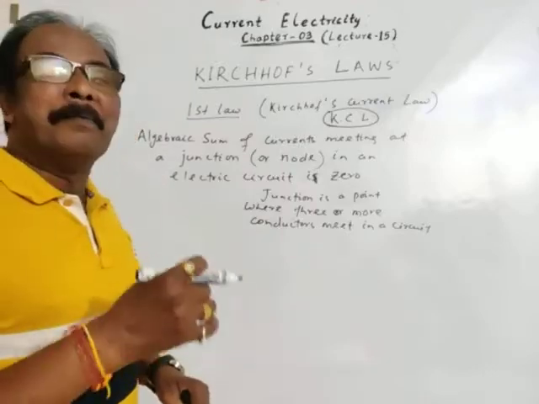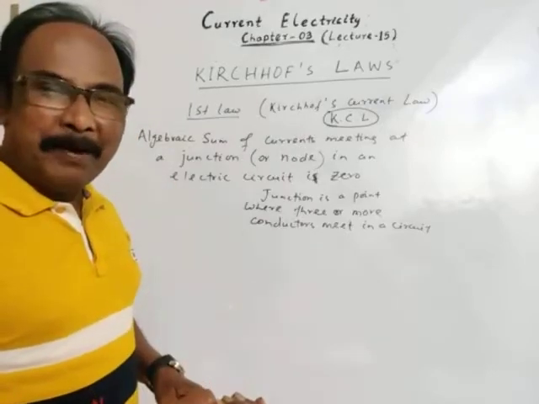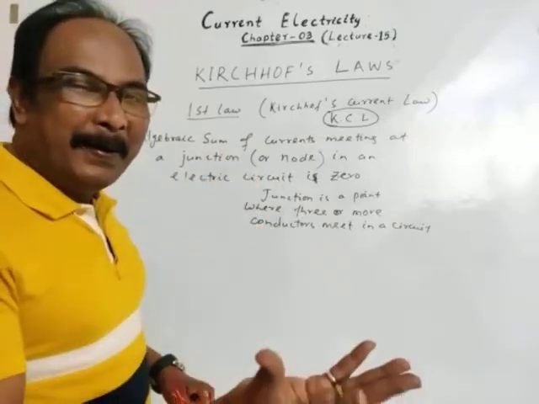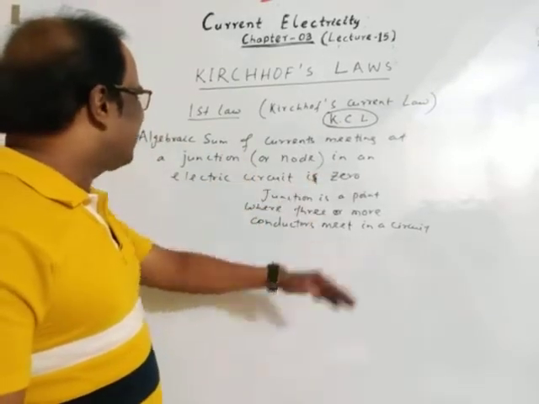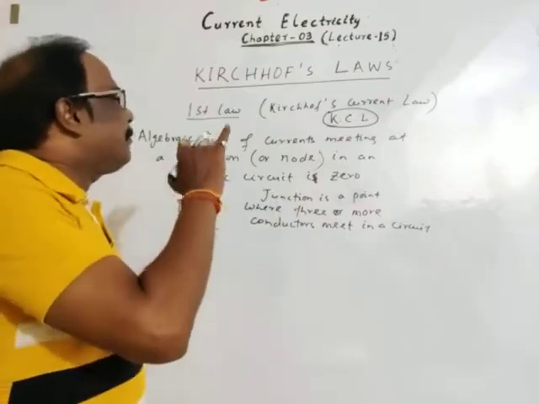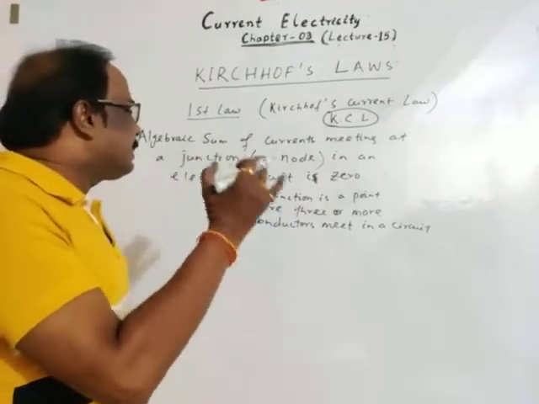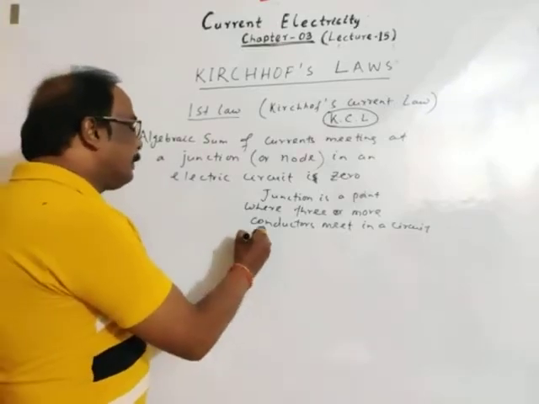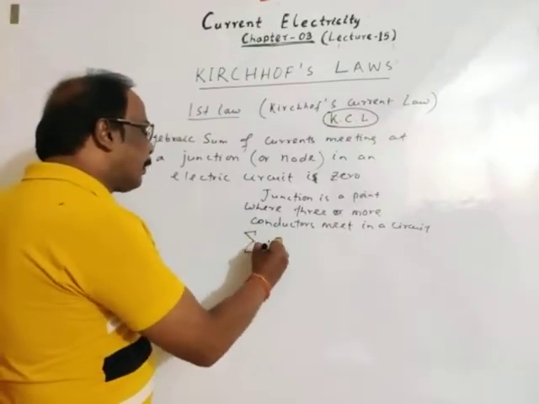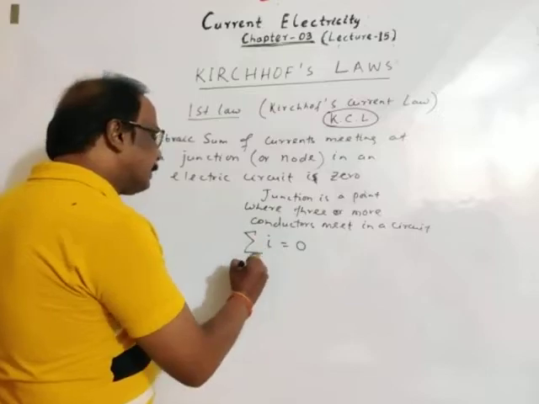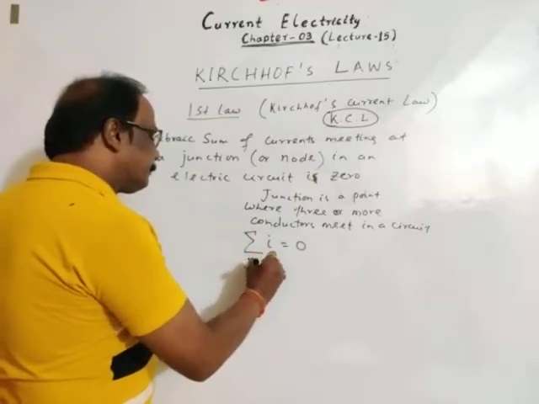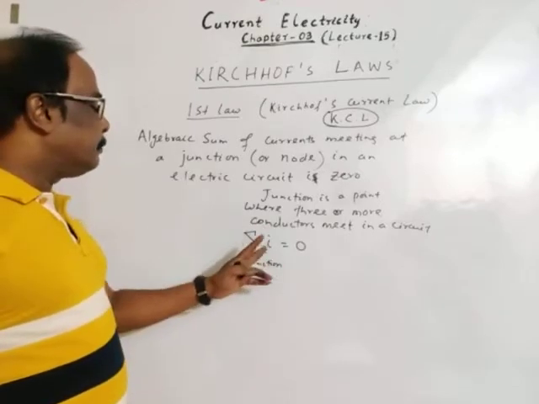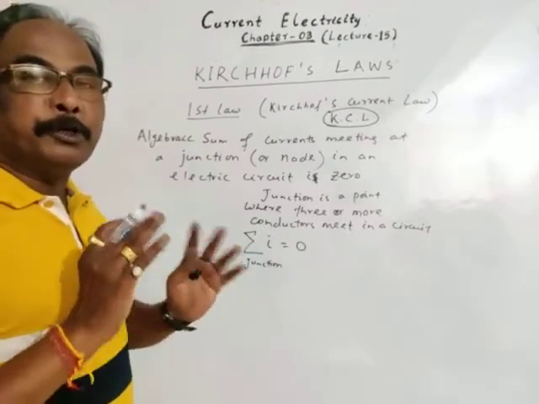Minimum 3 or more conductors meeting at a point is called a junction or node. So according to Kirchhoff's law, the algebraic sum of currents meeting at a junction in an electric circuit is 0. Mathematically, sum of currents meeting at a junction is 0.